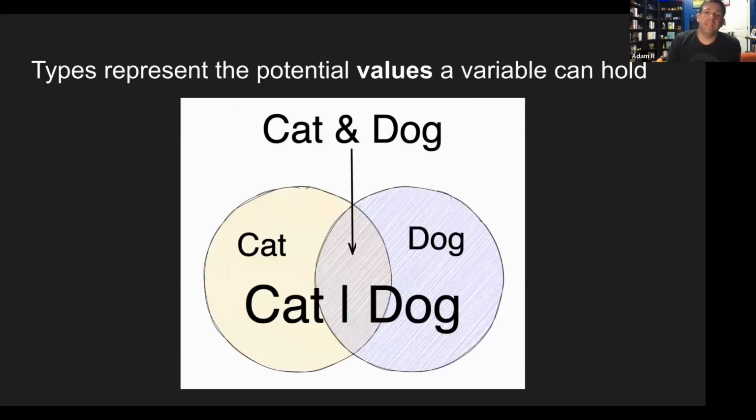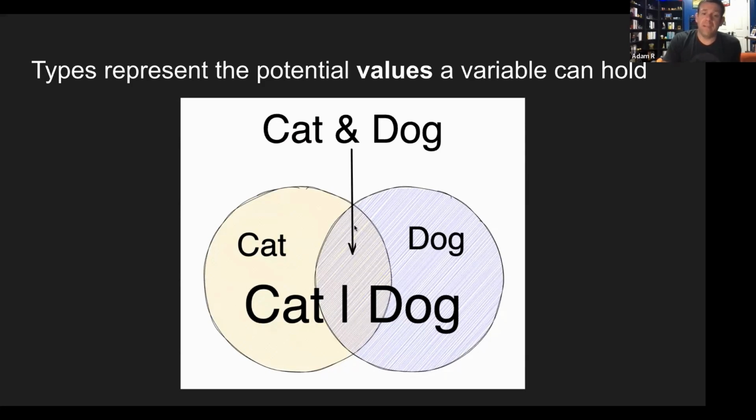You have to think about these things in terms of a Venn diagram. So the left circle, think about that as all the different types of cats there can be. And the right circle is all the various types of dog there can be. And I mean, this intersection might really be empty in real life. I mean, it would be a poor, horrible, deformed creature that's a cat and a dog.